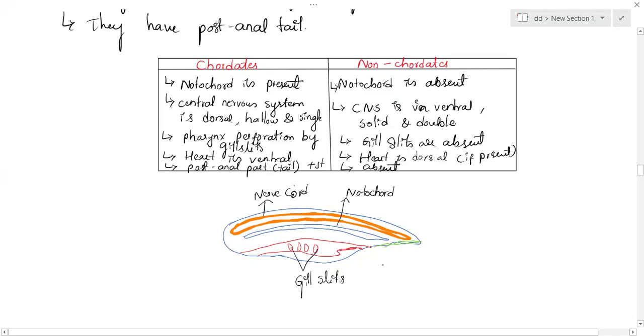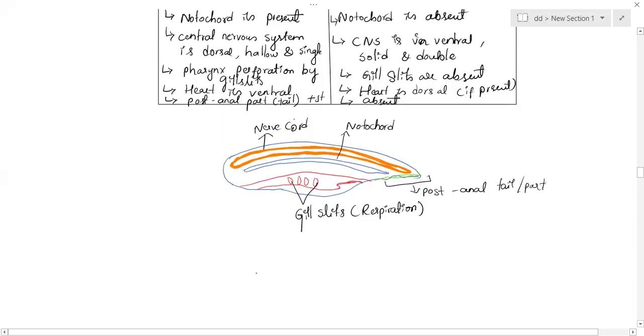Because of respiration, I'll write it here for your understanding. And this is the post-anal tail or part. So these are the characteristics of chordata.